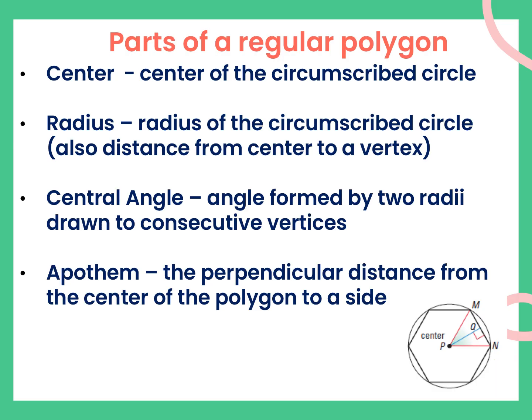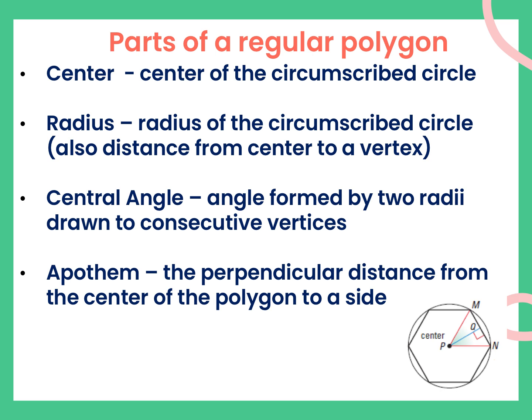Okay, before we move on, we need to identify some parts of a regular polygon. So the center, that definition is going to be the center of the circumscribed circle. So on all of these polygons, you could draw a circle around the polygon, and then that would be your circumscribed circle.